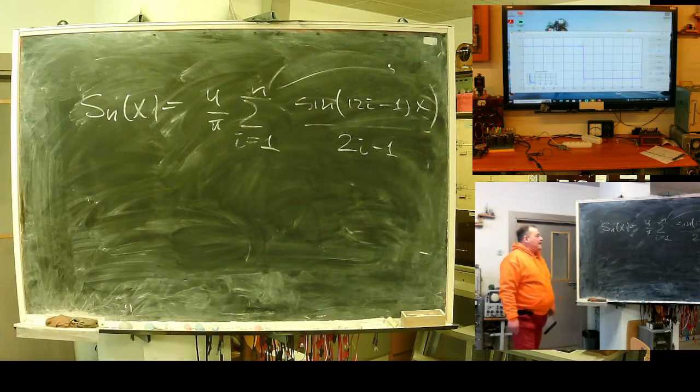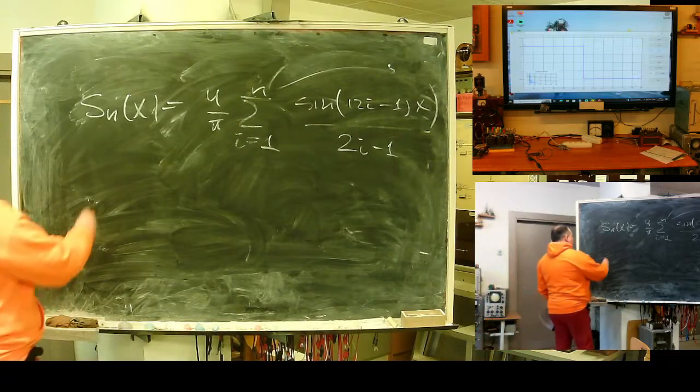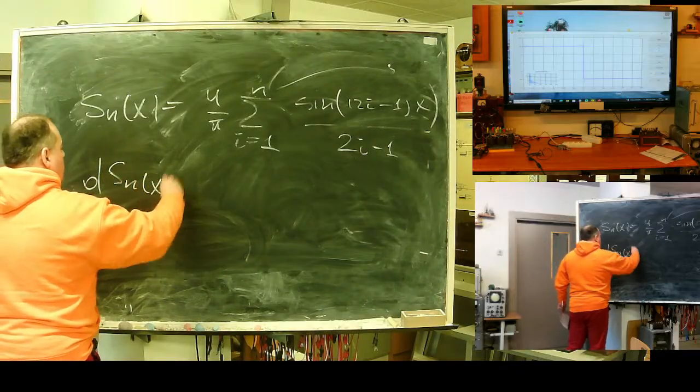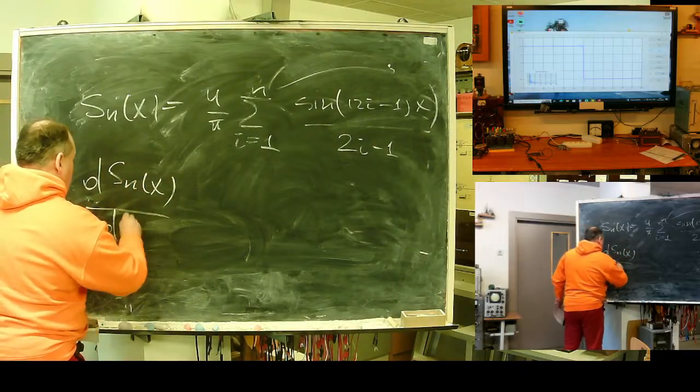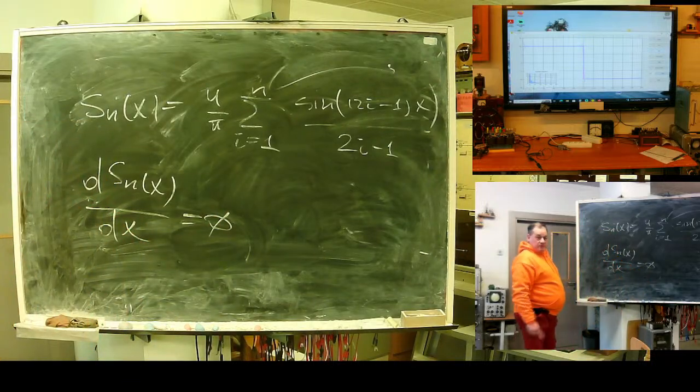How do we research functions? Take the derivative. Yes, we need extreme points. If we need extreme points, this means we need the derivative S_n' of x, and solve this equation. This equation will give us extreme points.